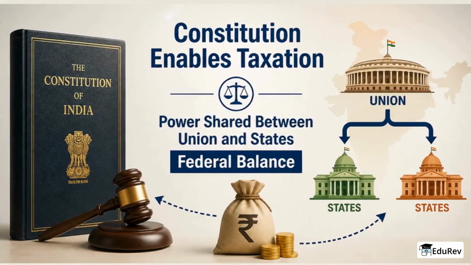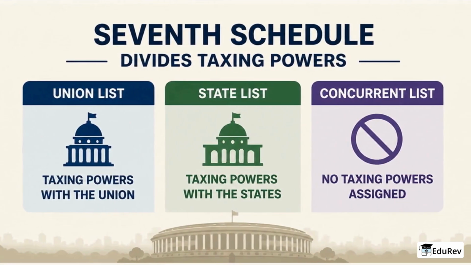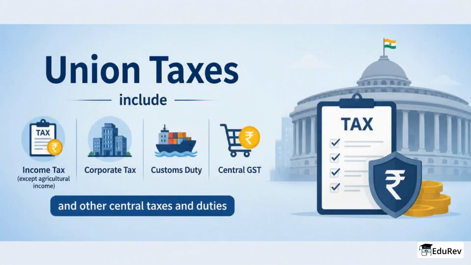The Constitution gives India the legal basis for taxation and divides power between the Union and the states to keep a federal balance. The 7th Schedule divides taxing powers into lists, the Union list and the state list. The concurrent list has no taxing powers assigned. Union taxes include income tax, except agricultural income, corporate tax, customs duty, and central GST, among other central taxes and duties today.